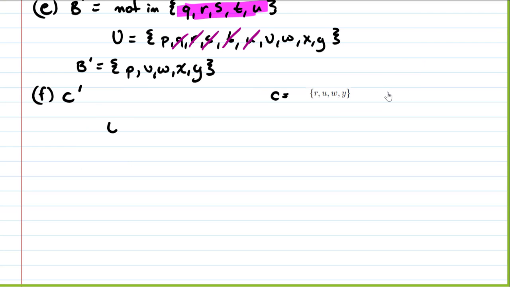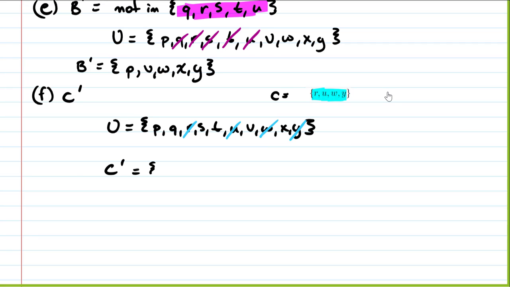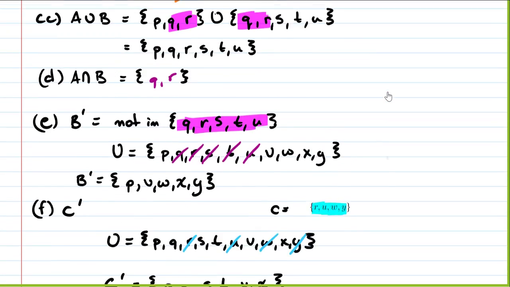All right, so our universe is still P, Q, R, S, T, U, V, W, X, and Y. And C is R, U, W, and Y. So if we take the elements of C and remove them from the universe, we get rid of R, we get rid of U, we get rid of W, and we get rid of Y. That gives us our C prime is the set P, Q, S, T, V, and X. So that would be the complement of C in our universe.